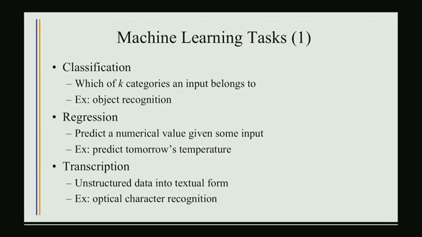Classification is probably one of the more basic things we can do with machine learning, and often successfully. So we've got K categories. Either in my image there is a bird, or a dog, or a cat, or a boat. And what I want to do is find out which of those K categories my input belongs to. This is a basic classification task.